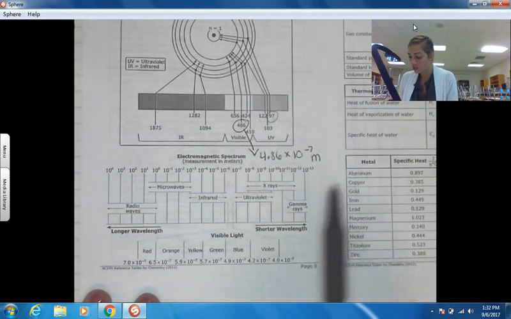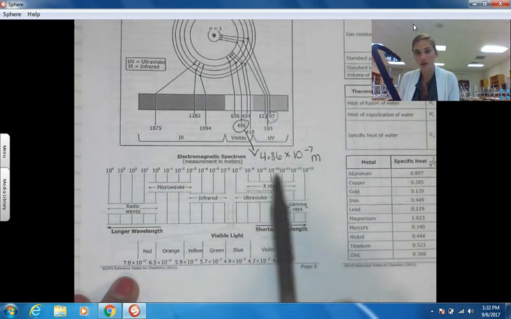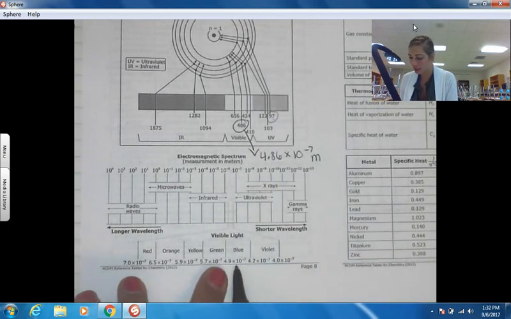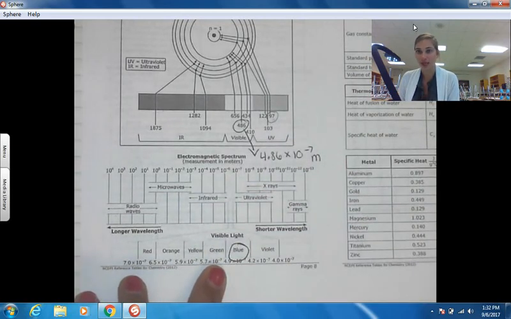So what we would do is we would go down to this visible light now and see, well, what range does this fall into? 4.86 is between 4.9 and 4.2, so we can identify that we have blue light. So these are the types of problems you're going to be seeing for a Bohr model.